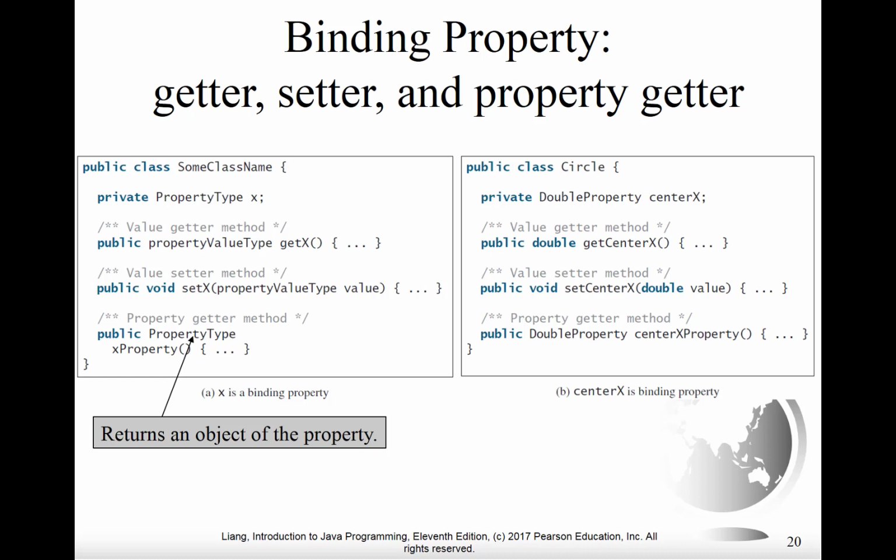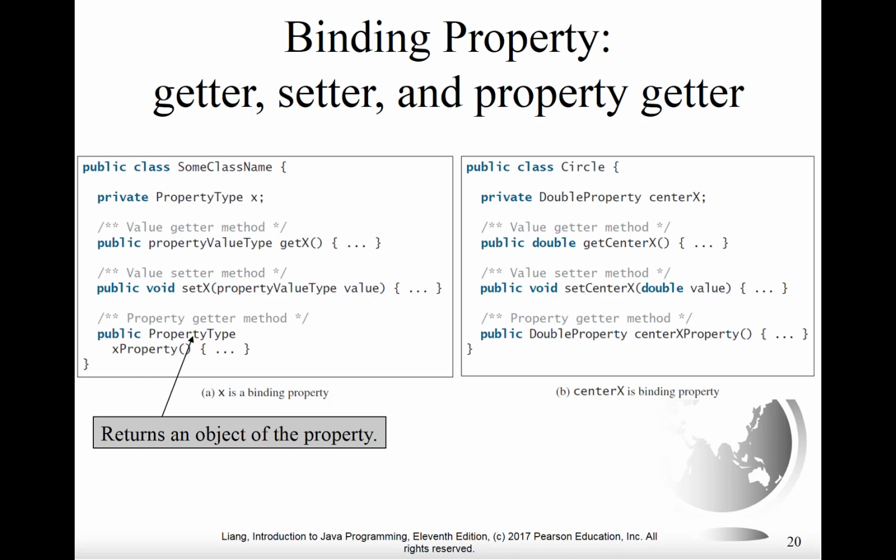And then finally, we have a method that will get the actual object of the property, because the properties are objects. They have values, which is different, but they are objects themselves. This last, fourth piece of code returns the actual property object to the caller.